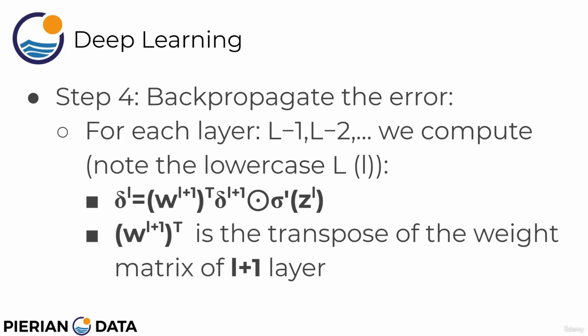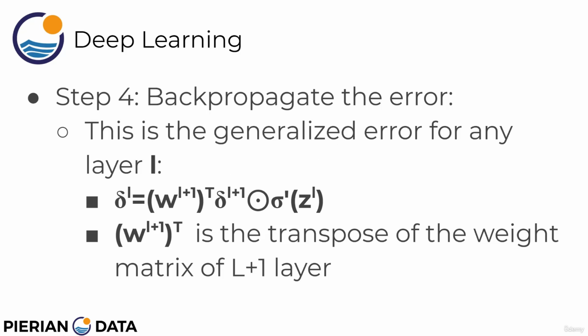That T is the transpose of the weight matrix in the next layer, the l plus 1. That is multiplied by the error term at that also next layer. And then we take the Hadamard product again with the z of l passed into the activation function. So again, all we're doing there is back propagating the error, and here we have the generalized error for any layer lowercase l.